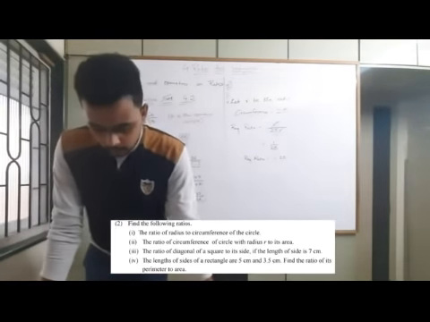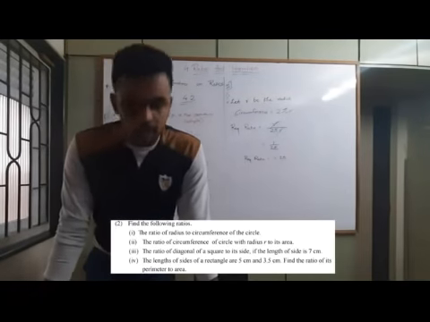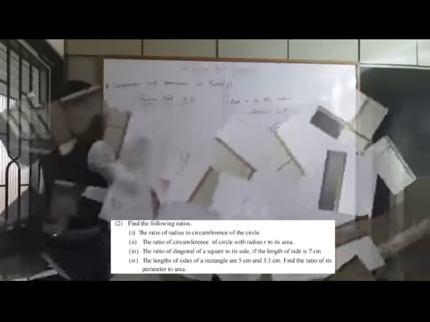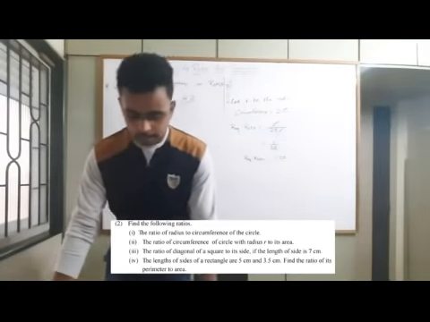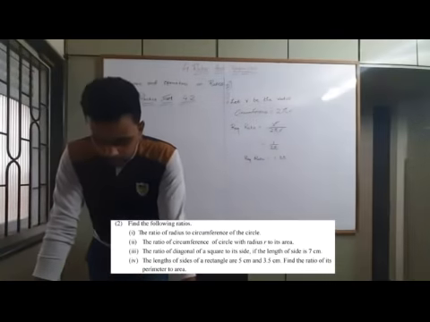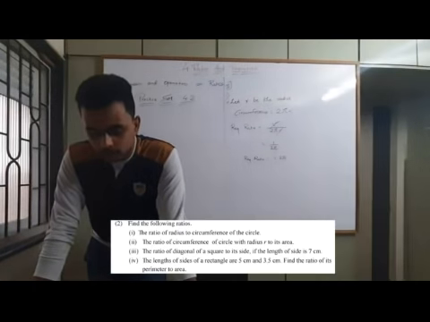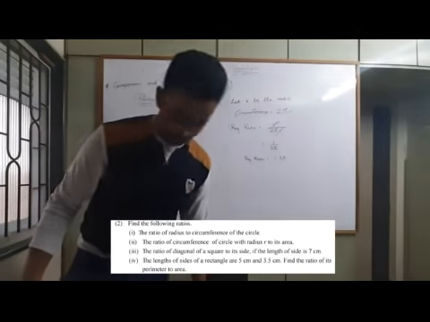See the third sub question in this question number 2. In the third sub question in this question number 2, we are told the ratio of diagonal of the square to its sides if the length of the side is 7 centimeters.